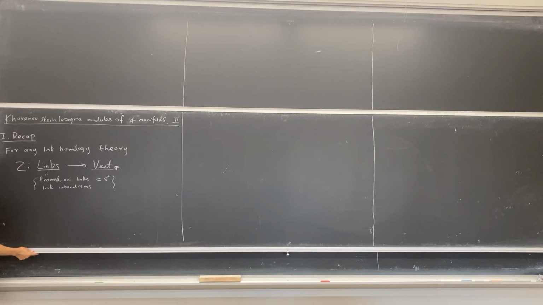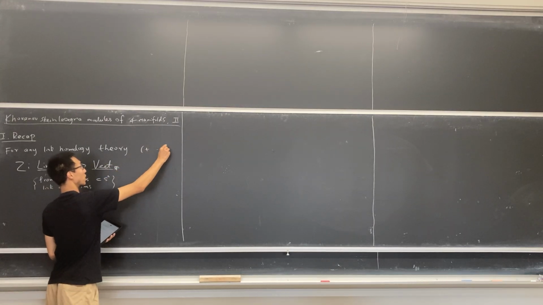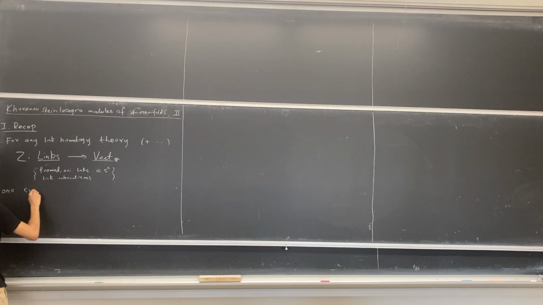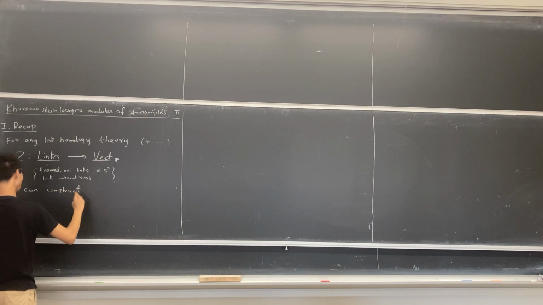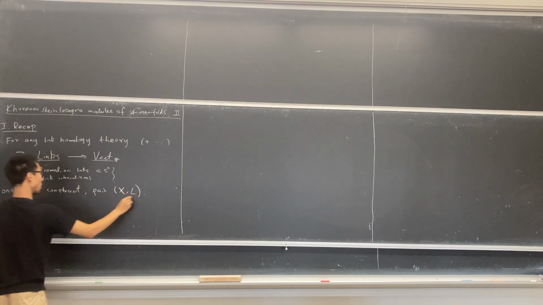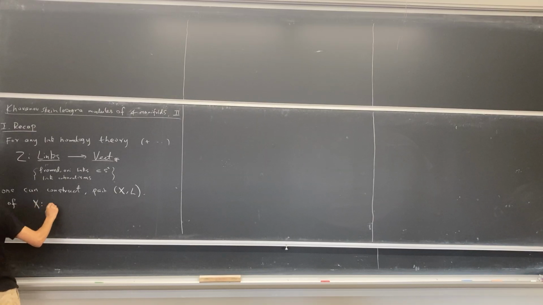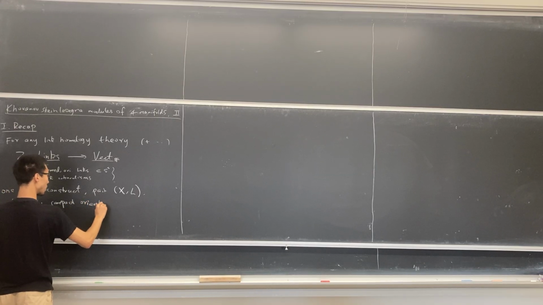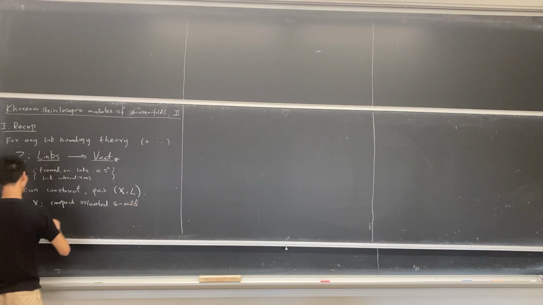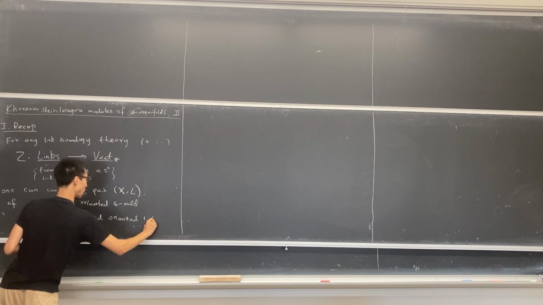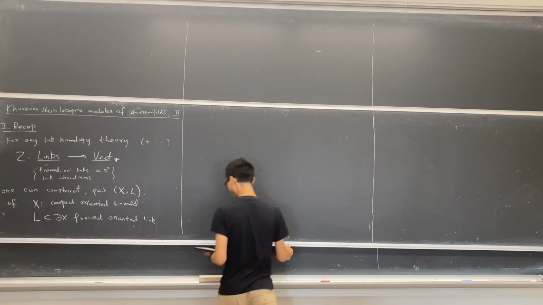So given such a link homology theory with some mild additional properties, one can construct, for each pair (X, L), where X is a compact oriented four-manifold and L is a framed oriented link on its boundary, the so-called skein lasagna module.